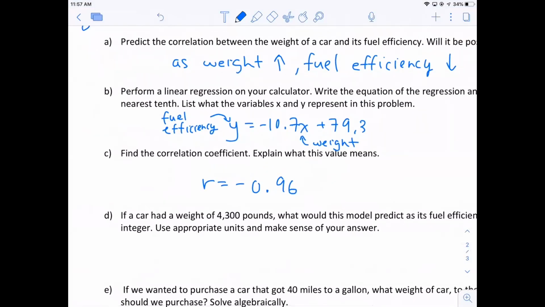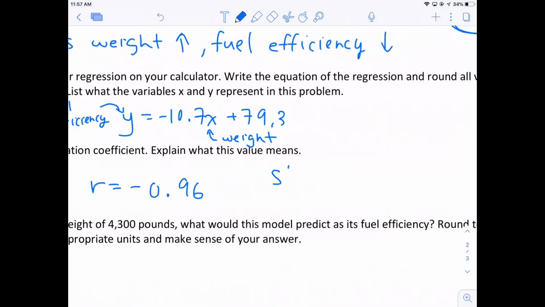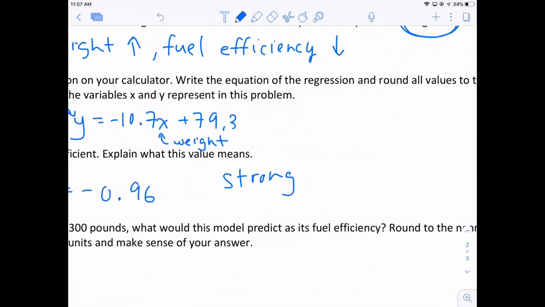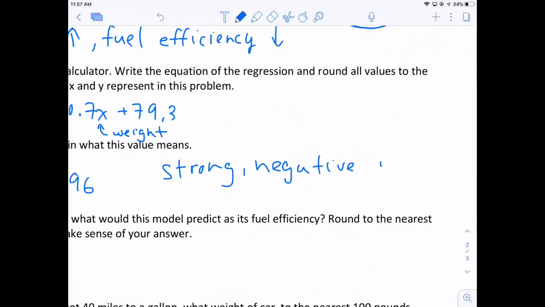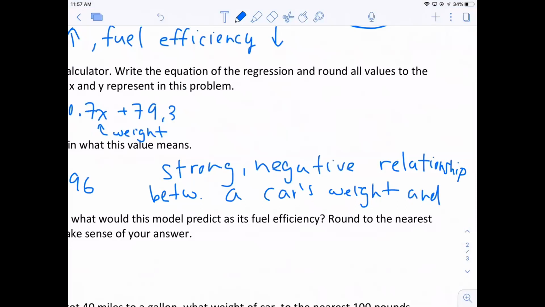This number is really close to -1, which means it's a strong negative relationship or correlation between our two variables. So there's a strong negative relationship between a car's weight and its fuel efficiency.